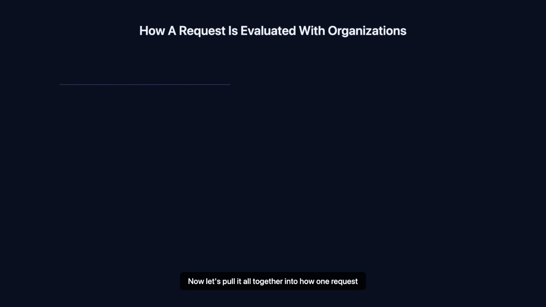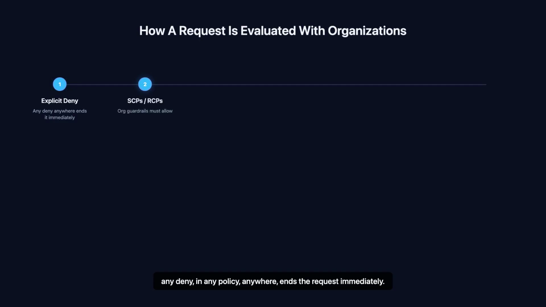Now, let's pull it all together into how one request actually gets decided when an organization is in play. It runs as an ordered gauntlet. First, explicit deny, and any policy, anywhere, ends the request immediately. If nothing denies, the organization guardrails, your SCPs, have to allow it.